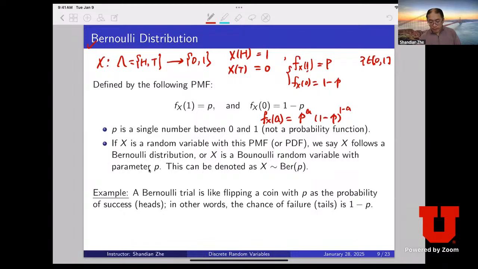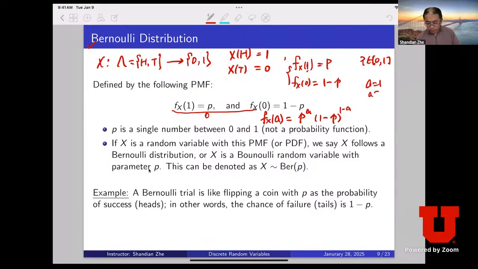Right? So this is kind of a summary of these two formulas. When a equals 1, meaning that when your random variable's value is 1, the probability mass function is p, right?